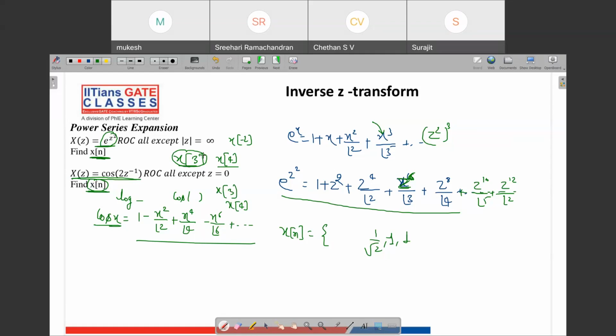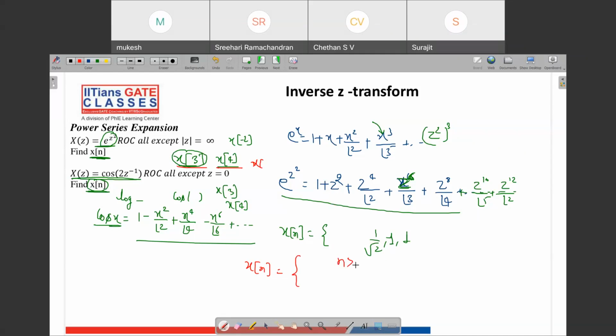Because for all the positive values of n, we don't have any expansion here, right? For positive values of n, we should get negative powers of z. So the question will be like this, you have to find out x of 3 and 4, and if x of n is given, it will be piecewise.